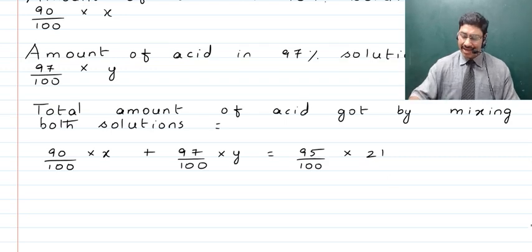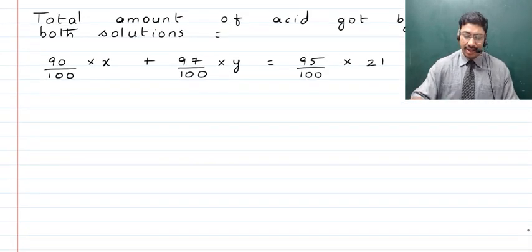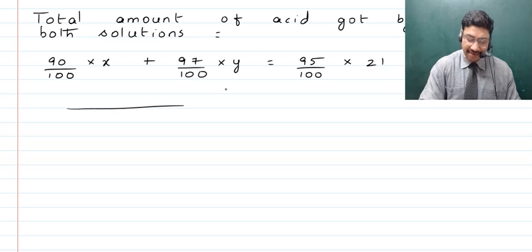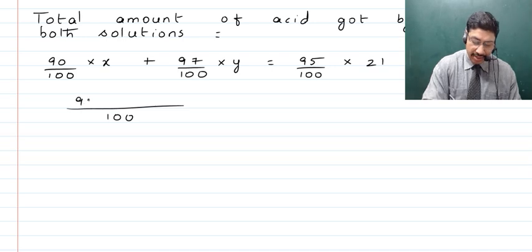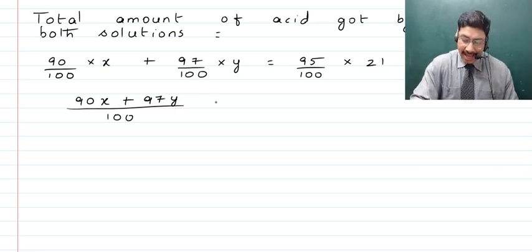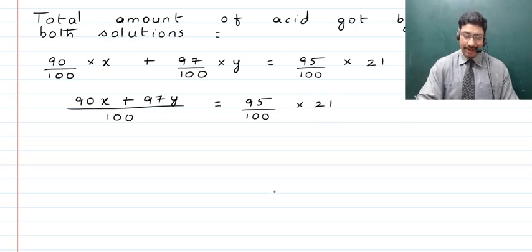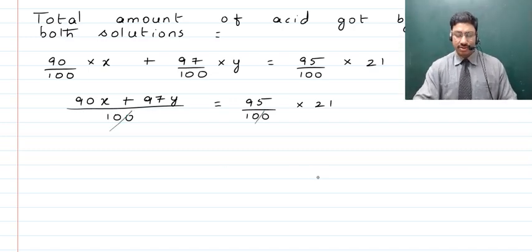Now here children, next we will take an LCM, and we find that both the denominators are 100, as such the LCM will become equal to 100. In the numerator we have 90x, to which we add 97y, and on the other side we have 95 divided by 100 multiplied with 21. Now children, here we get to see that there are certain terms which will get cancelled, like 100 will get cancelled from both the sides.